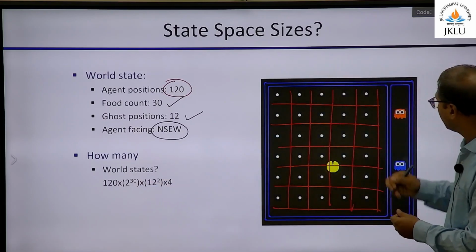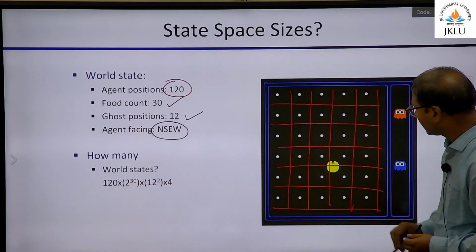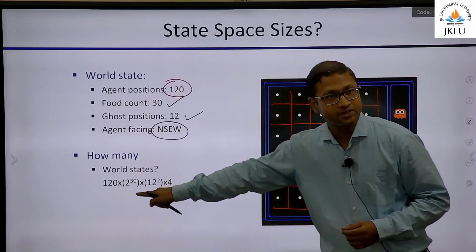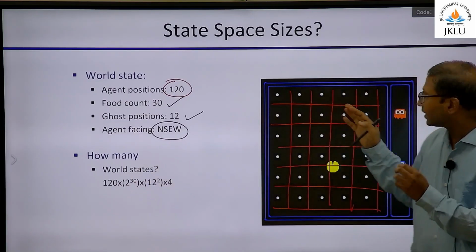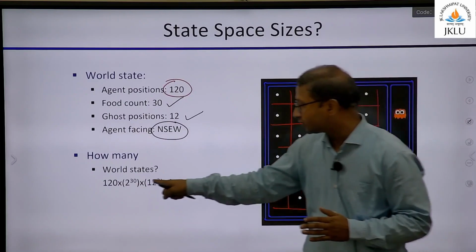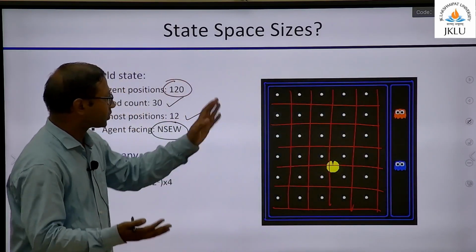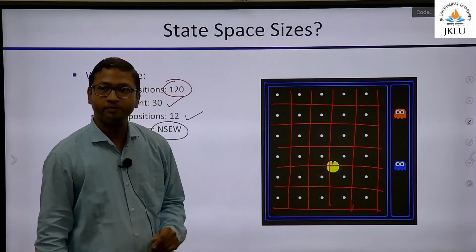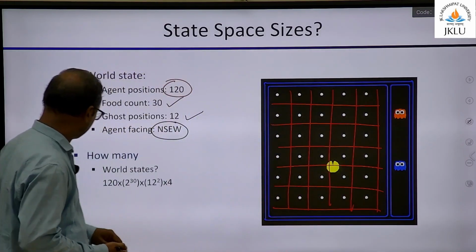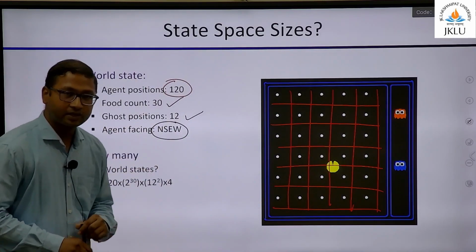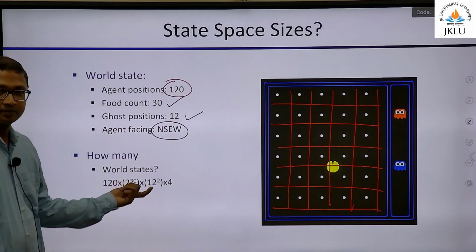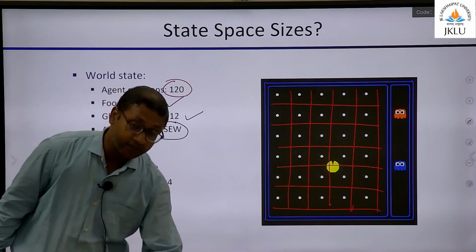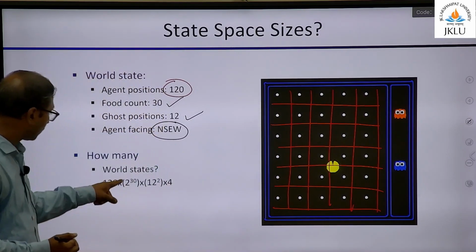So for example, if this pellet is eaten and Pacman is facing this side, will it be one of these? So no matter, basically this is the total number of different snapshots this board can have, right? Is this one of them? Yes. So world states is this, but isn't this a super big number? So 2 to the power 30 is already more than, so this is more than a trillion already.